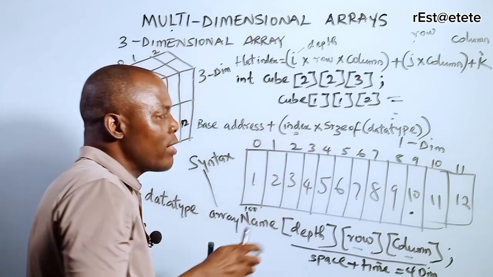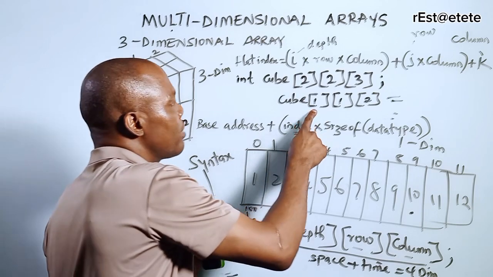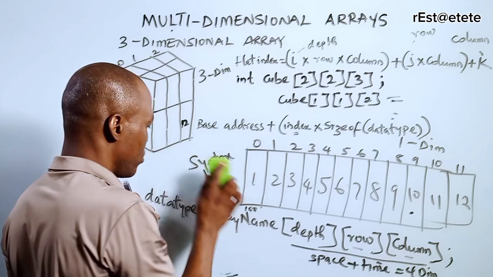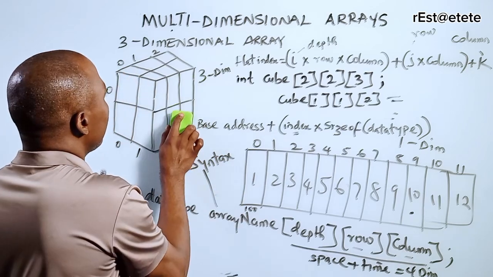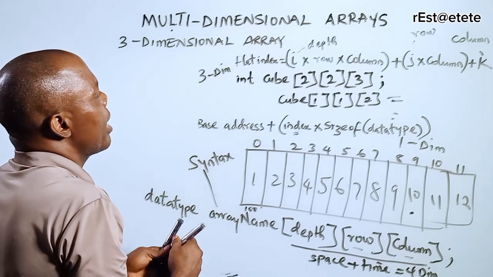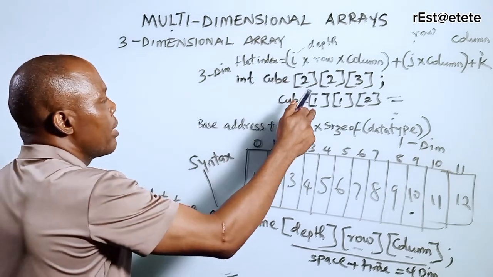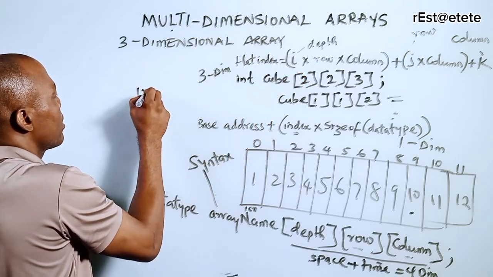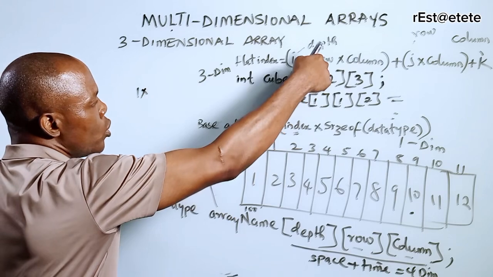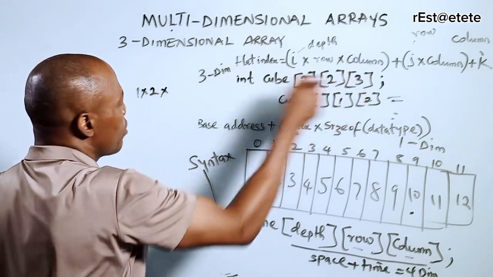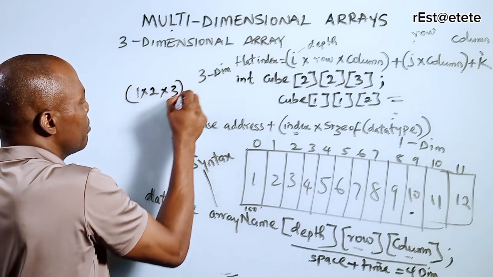To determine that value, I will come to this formula. The index I, for depth, is 1. Multiply by row, which is 2, multiply by column, which is 3. I'll put this in brackets.